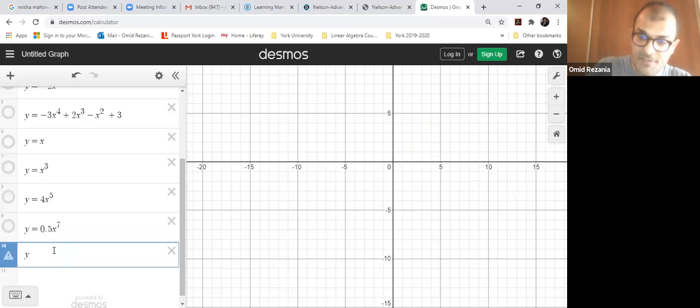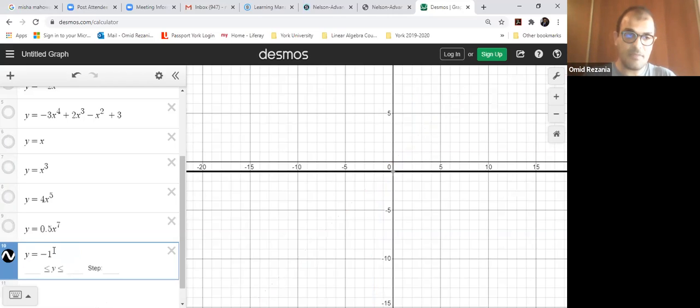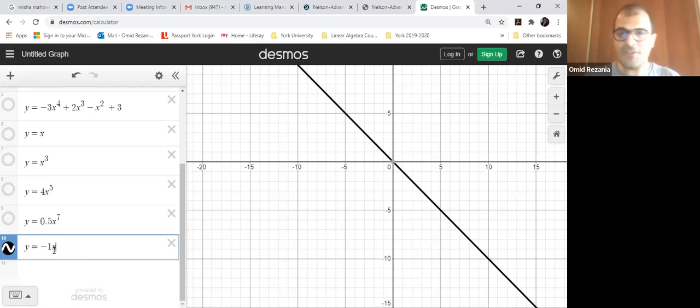Let's imagine odd polynomials with a negative leading coefficient. For example, -1 is a negative leading coefficient of a polynomial, which is going to be -x. This one, again, is an odd polynomial with a negative leading coefficient. You see that the function occupies the second and the fourth quadrants.